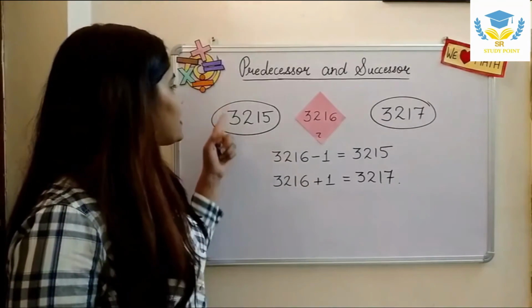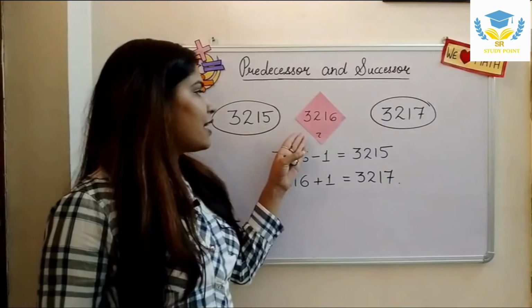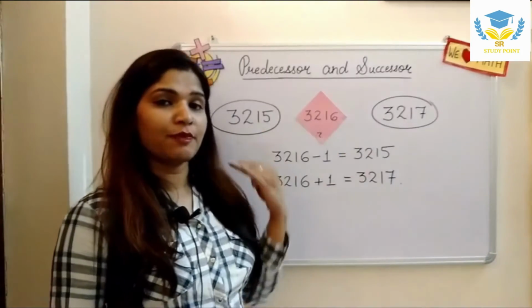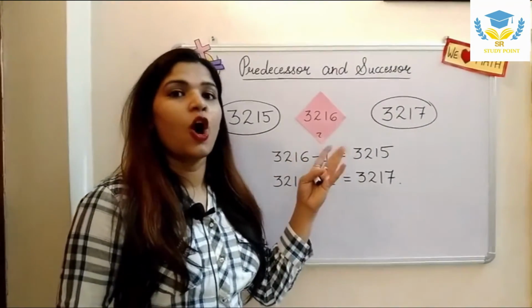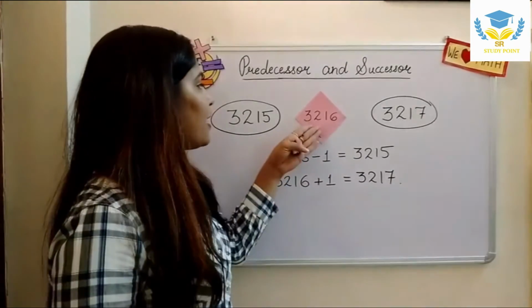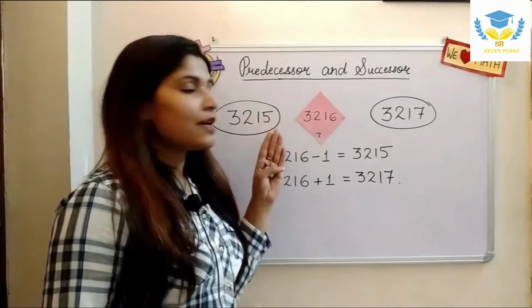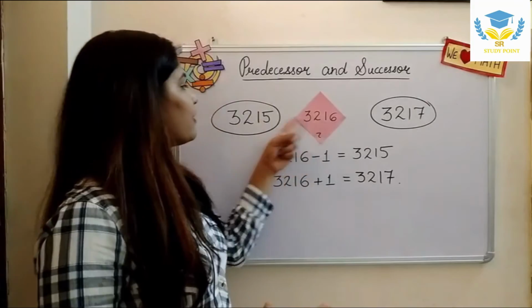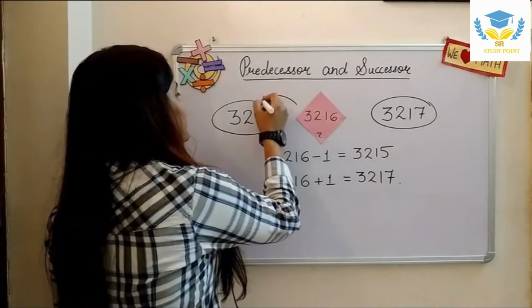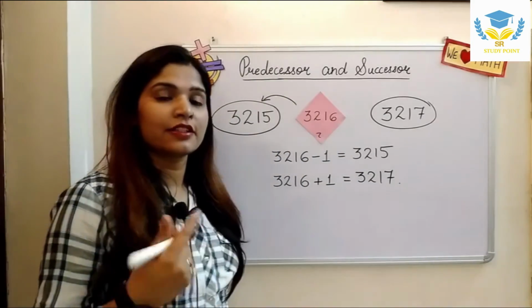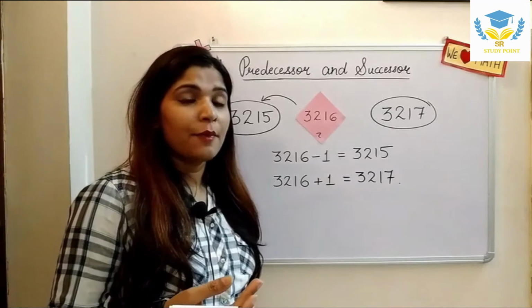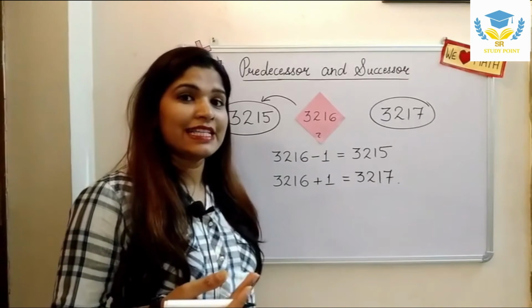The predecessor of a number is the number that comes just before the given number. If we subtract 1 from the given number, we will get the predecessor of that number. Repeat after me the word predecessor. Predecessor.